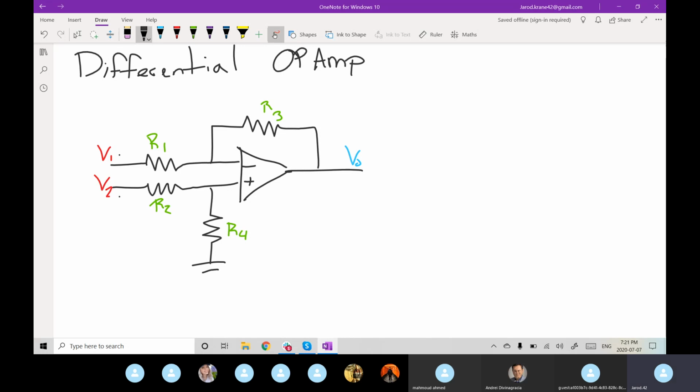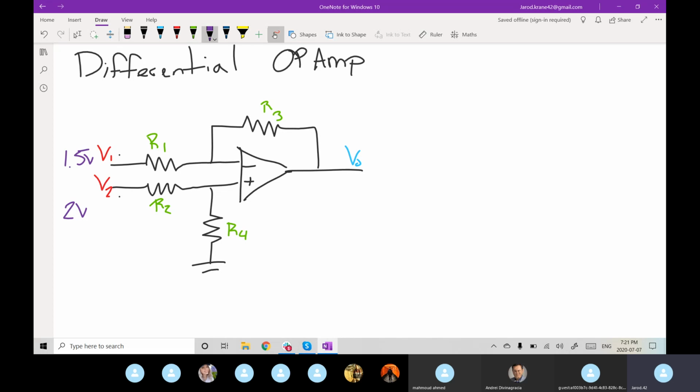So maybe we're seeing 2 volts and we're seeing 1.5 volts. Or whatever the system may be, these are constantly changing voltages on our input, and we're going to compare and kind of take the difference.